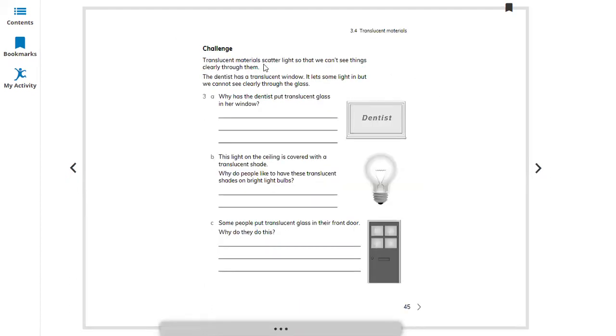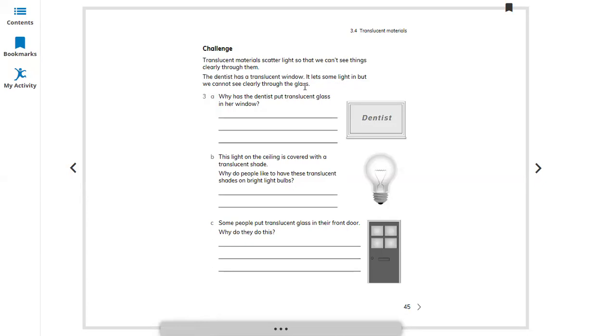Translucent materials scatter light so that we can't see things clearly through them. The dentist has a translucent window. It lets some light in, but we cannot see clearly through the glass.